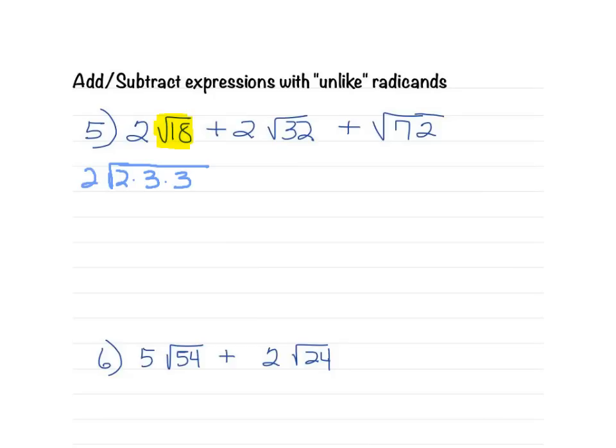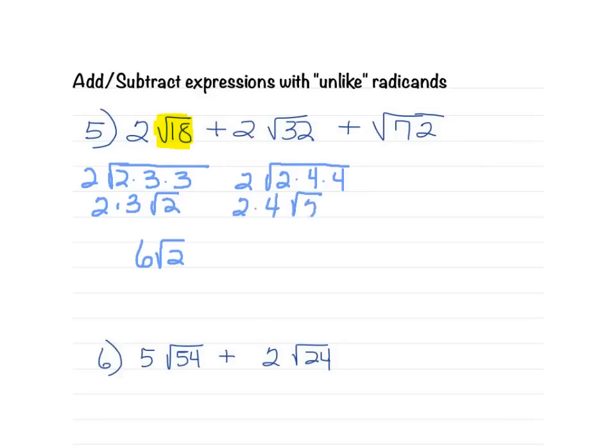So we have 2 times 3 radical 2, and so this can be rewritten as 6 radical 2. Okay, let's work on 32. 32 is 2 times 4 times 4. There's my perfect square. So I can rewrite it as 2 times 4 radical 2. And that would be 8 radical 2, and this is positive.